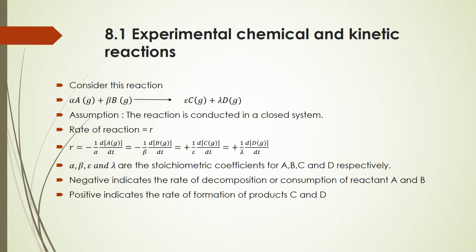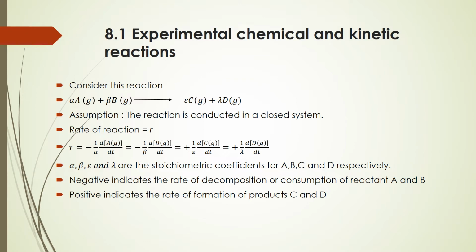So we need the concentrations of A, B, C, and D, and also the number of moles. Alpha, beta, epsilon, and lambda are the stoichiometric coefficients, or number of moles, for A, B, C, and D respectively.